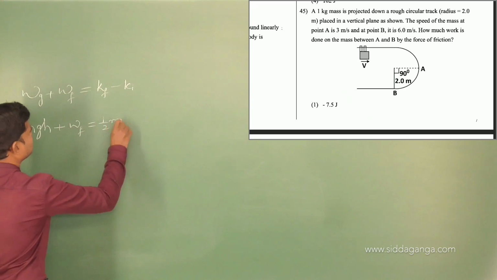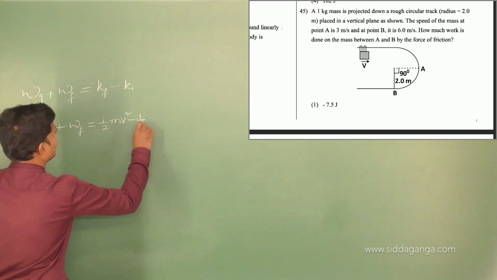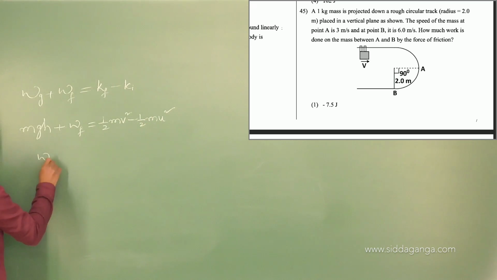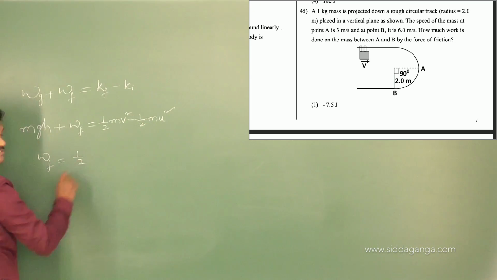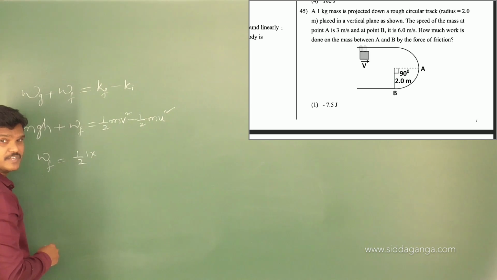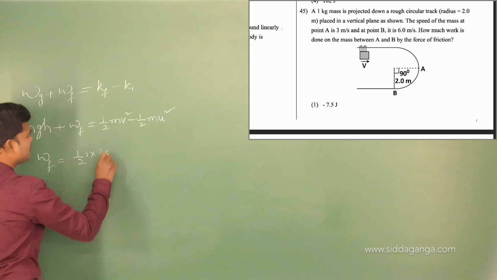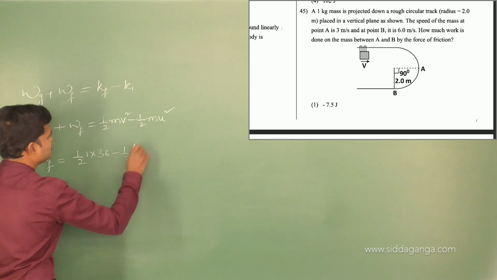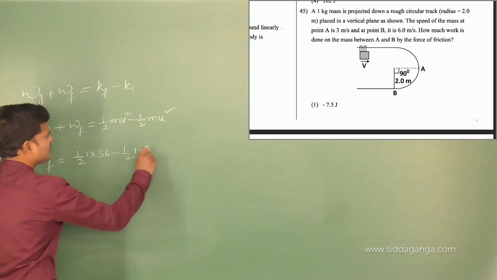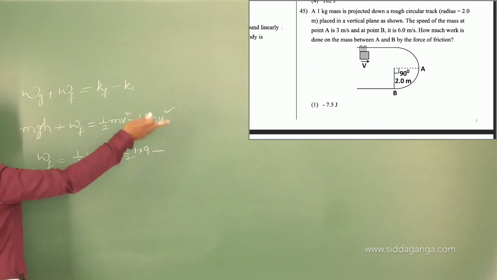Kf is half m v square, Ki is half m u square. So work done by the friction is equal to half, mass is mentioned 1 kg, final speed is given 6, nothing but 36, half m 1 kg. Initial speed is given 3, nothing but 9. Minus, take this mgh to the right side.